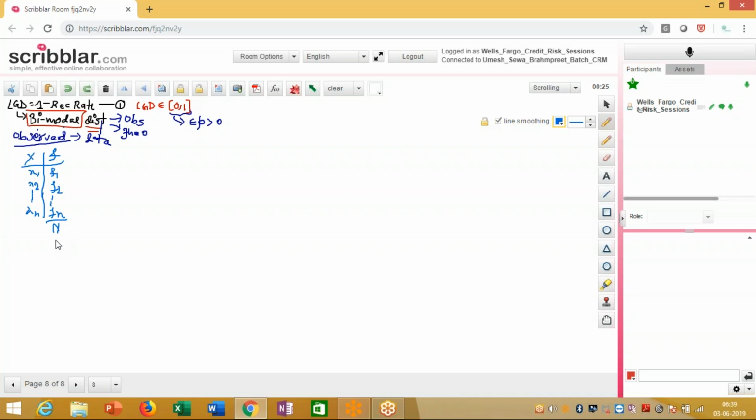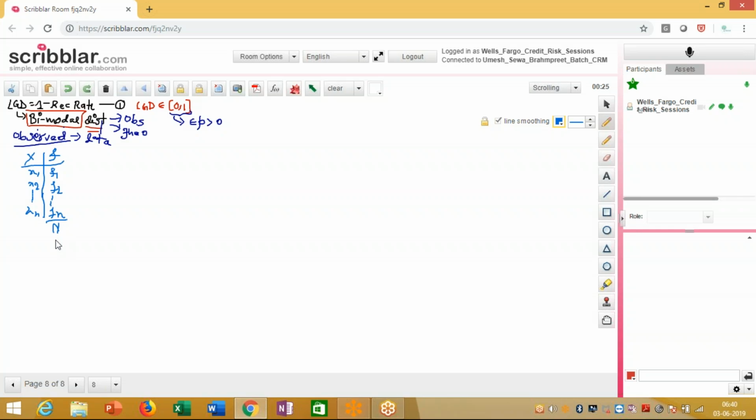I add up all the frequencies and the total value that I get is N. But a frequency distribution in this form does not give me too much of an idea about the variable values. I don't know why it is important to have x1, x2, x3 in this order, like x1 occurring f1 times, x2 occurring f2 times. I don't have any idea.